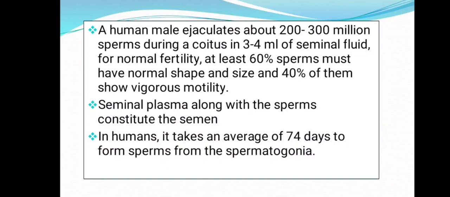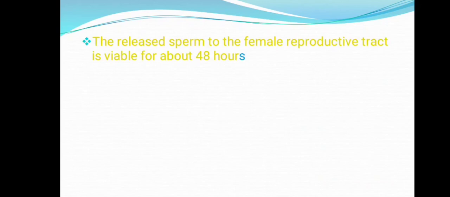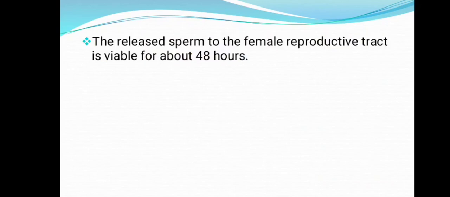That means in order to complete this process of spermatogenesis in humans, it takes an average of 74 days. The released sperm in the female reproductive tract is viable for about 48 hours.